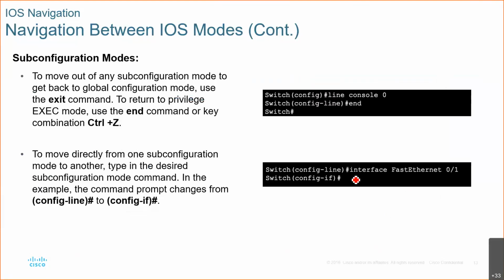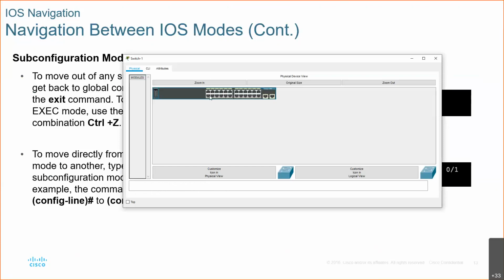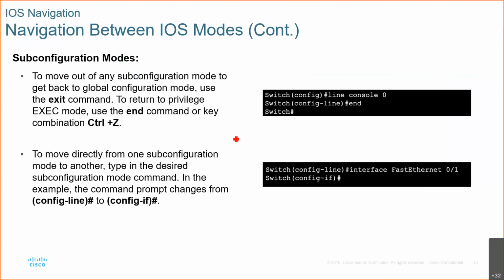You can call any of these interfaces and do any configurations. Here, I'm calling interface fast Ethernet 0/1. So all the odd ones will be down and all the even ones will be up, depending on which make of the switch you are using. So you can configure every interface.